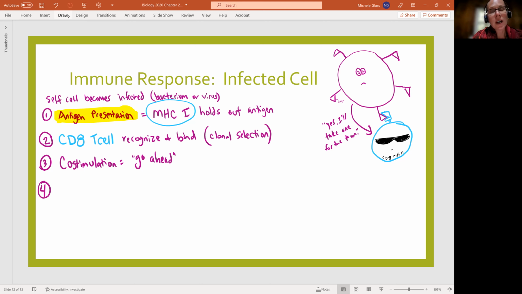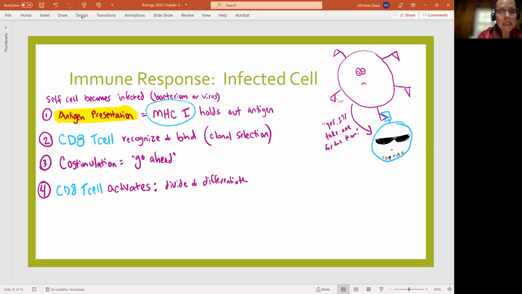So we're ready for our last step, which is the CD8 T cell will become active. So we can say activates. And what this actually means is it will divide and differentiate. And so when it divides, that means we're getting cell division, right? We're getting more cells. And in this case, we're getting 3 types of cells.